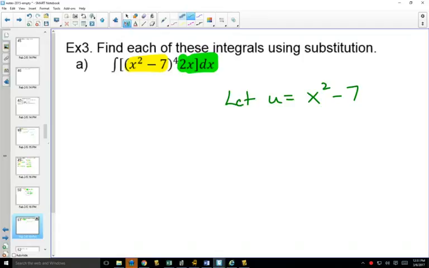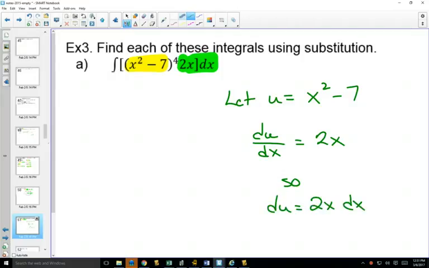Then if we found the derivative of that, and we'll use Leibniz notation, the derivative would be 2x. And so that means in our equation, we can replace the 2x and the dx with du. And again, as far as highlighting goes, that's what I'm going to replace my green with.